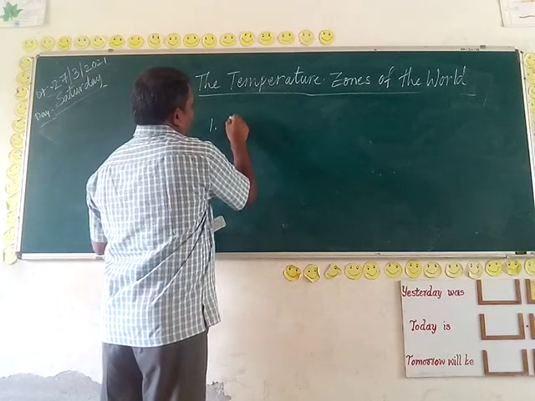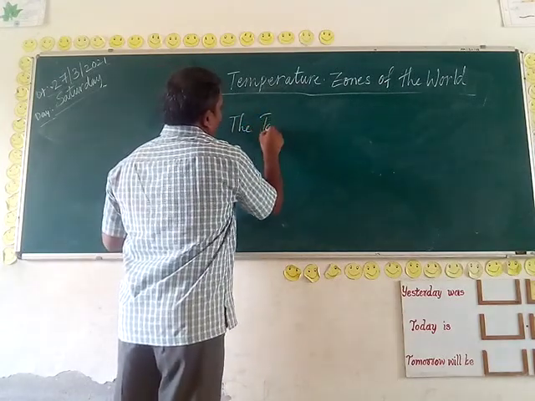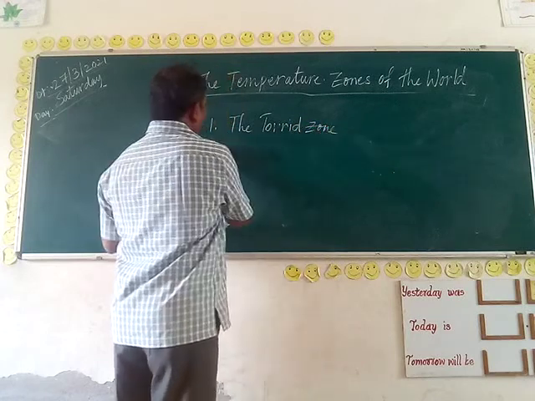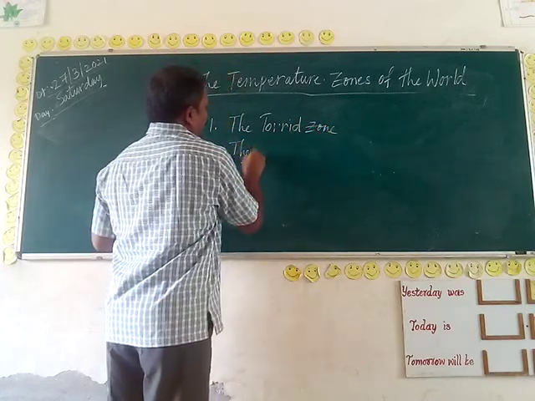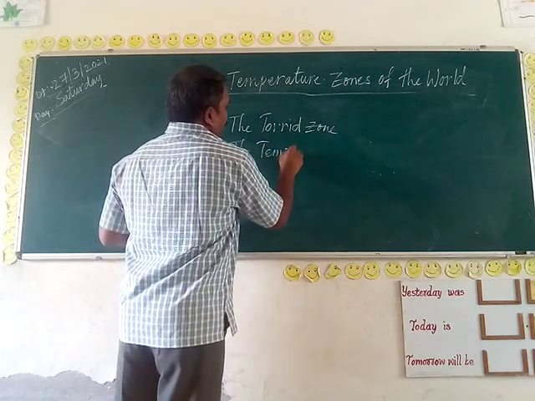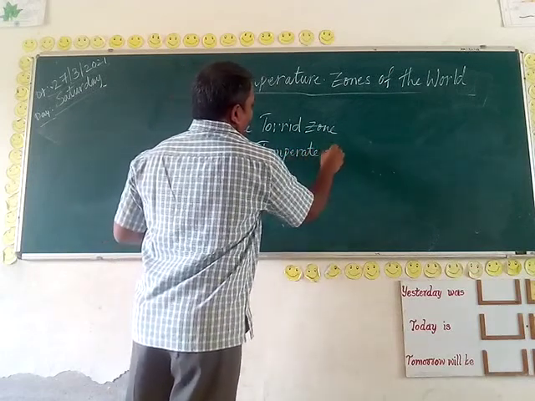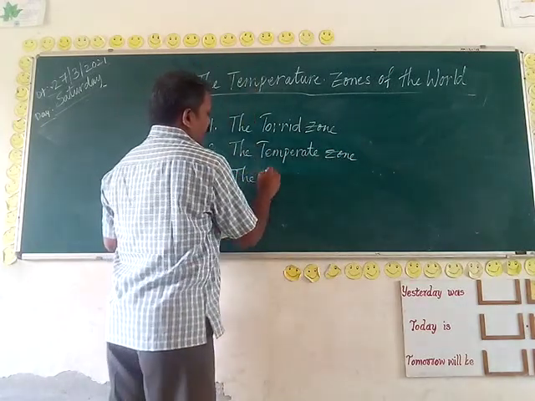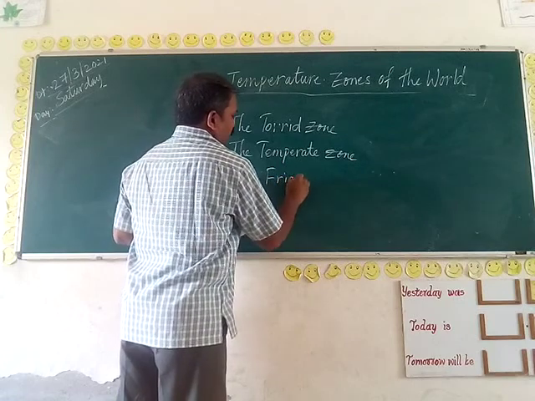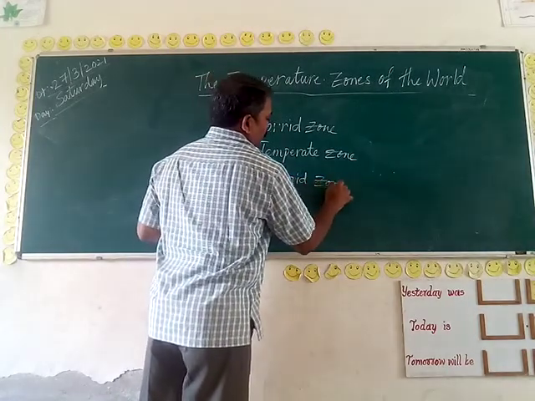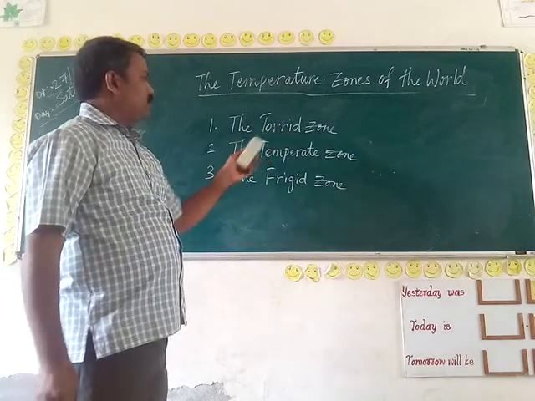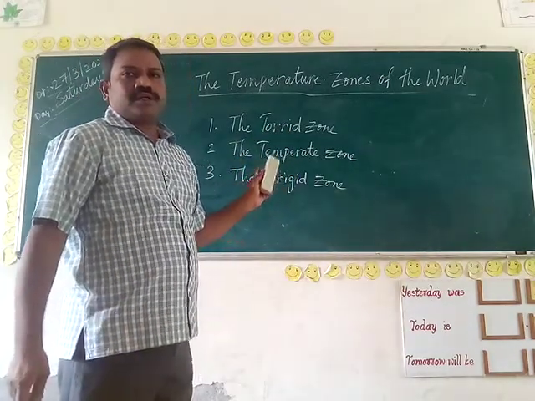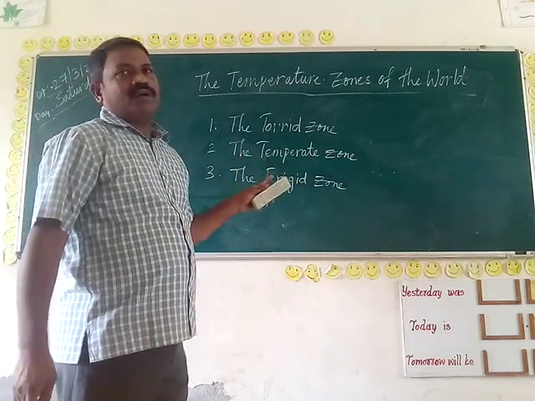The first one is the torrid zone, second one is the temperate zone, and the third one is the frigid zone. These are the three temperature zones of the world.